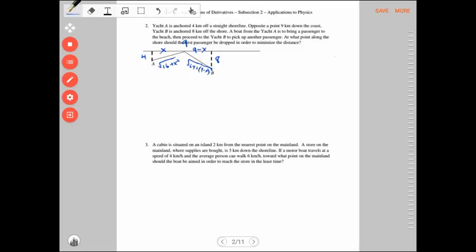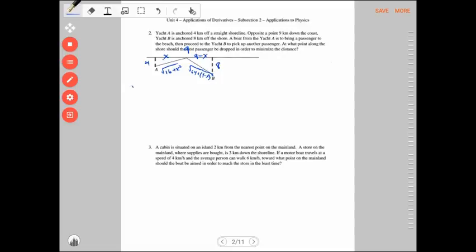There we go. Okay, so remember we want to minimize the distance, so we need that distance function. So distance equals square root of 16 plus x squared plus square root of 64 plus, now let's distribute that. Okay, so then 9 squared is 81. Okay, and then the shortcut, so 2 times 9 times negative x, that's negative 18x plus x squared.